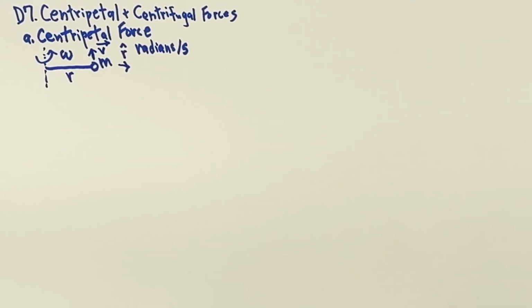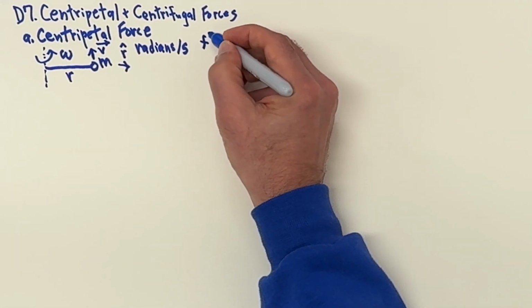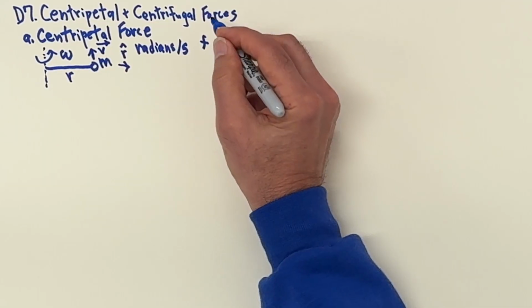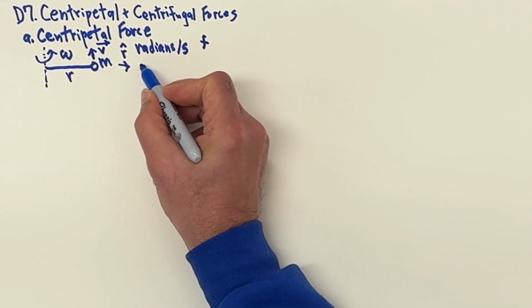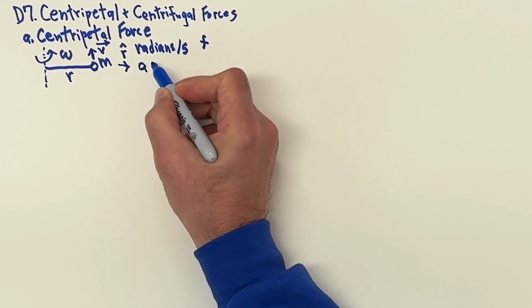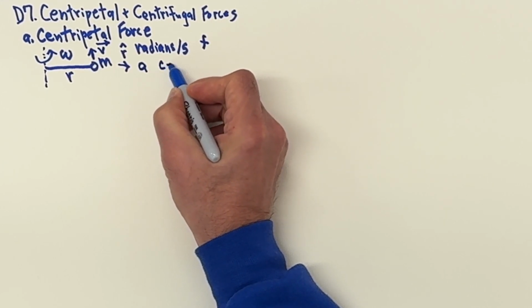There's the velocity v into the page. We also can consider frequency, how many times you go around per second. But let me simplify a little bit, not introduce too many parameters. I do need acceleration though. So this is going to be the centripetal acceleration.